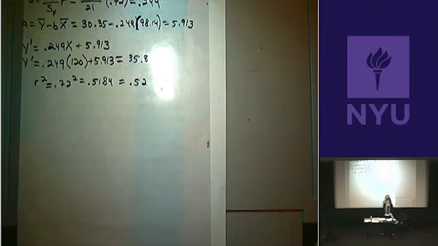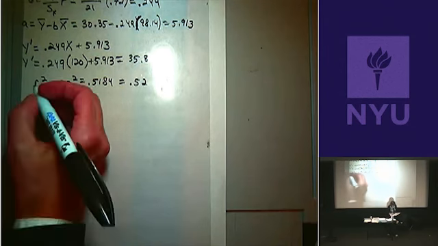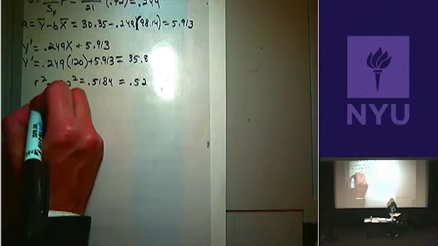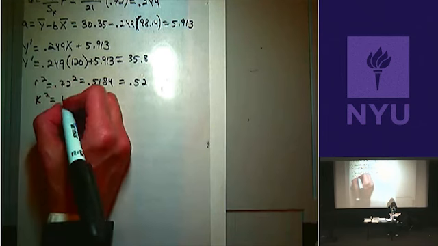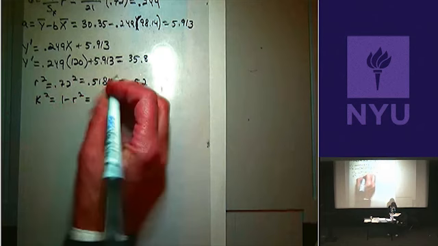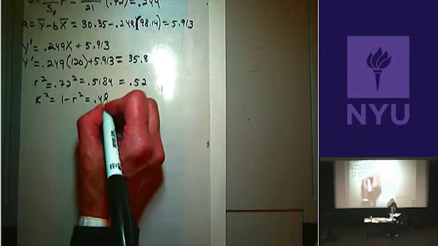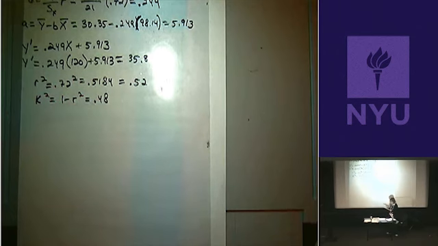Okay. Now, my coefficient of non-determination: 48% of the variability can't be explained.